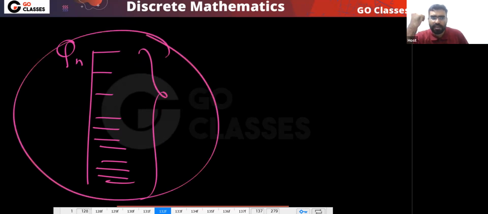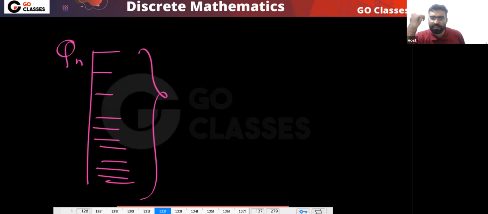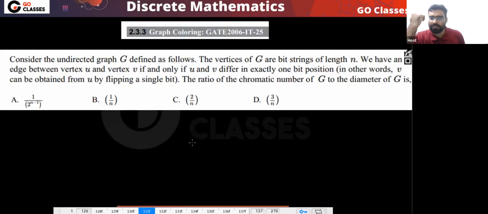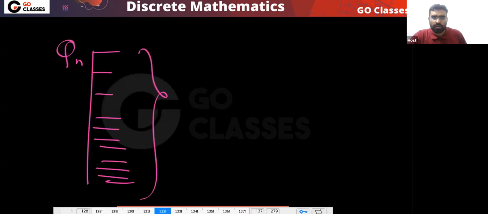If you memorize these facts, then you cannot solve this question. First, you have to understand what this Qn is, that this graph is Qn. So never do this.